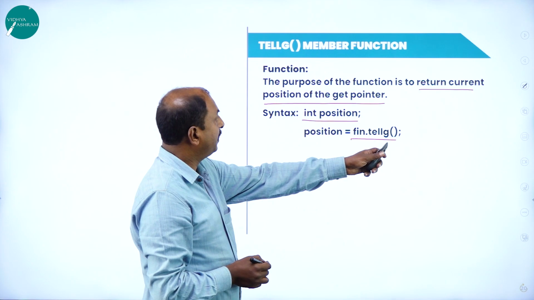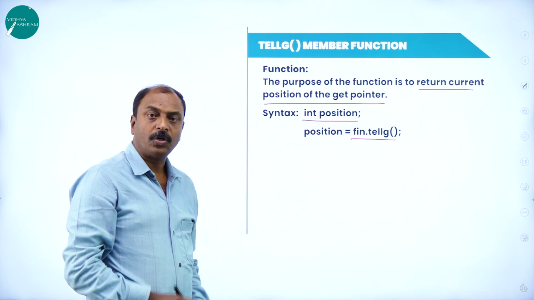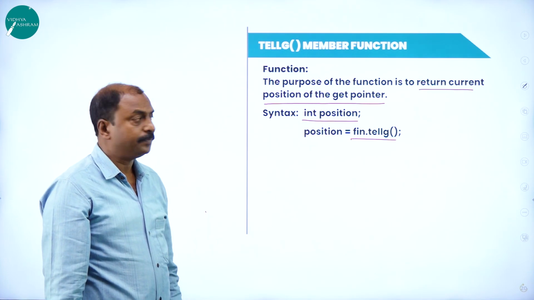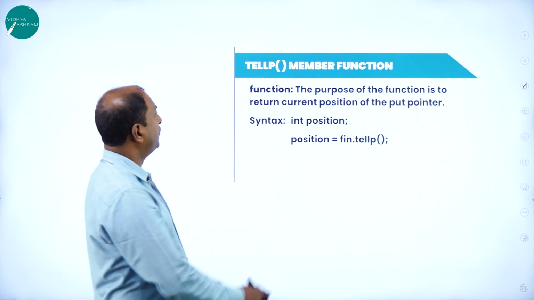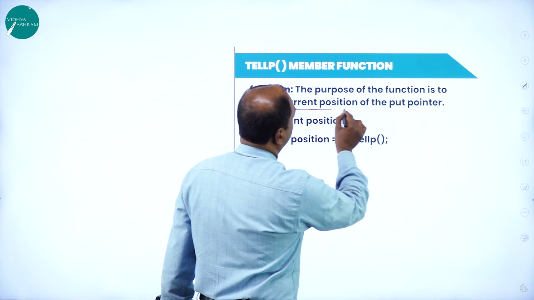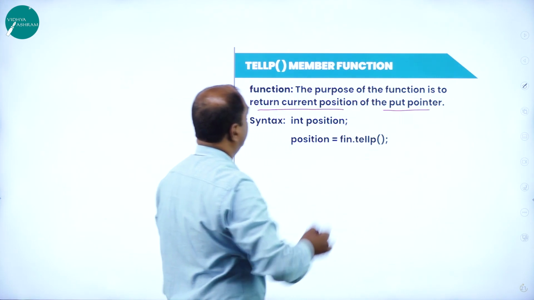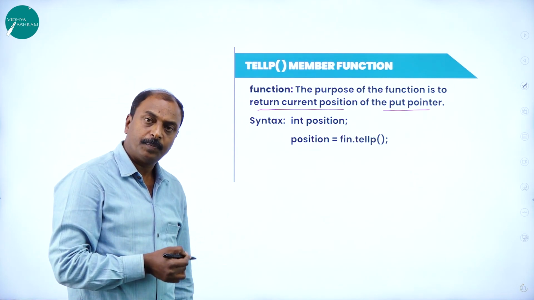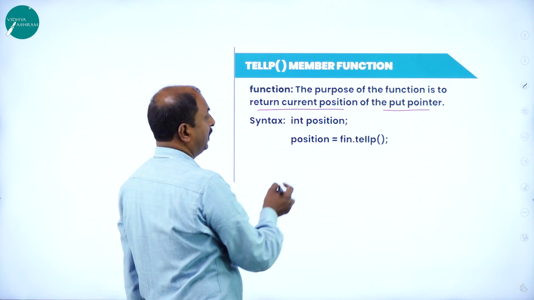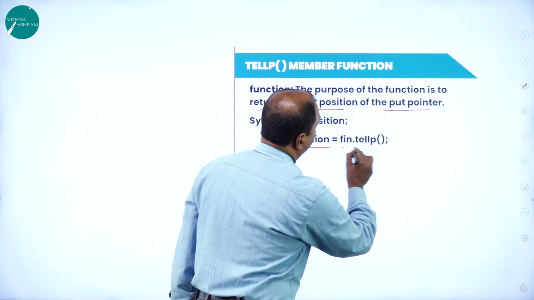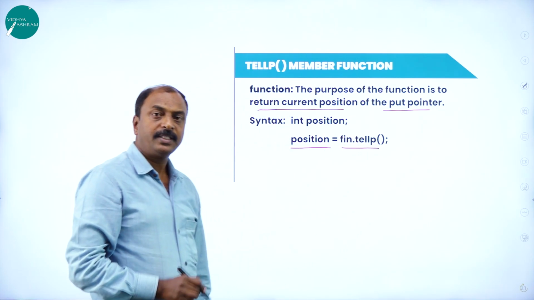So tellg returns the current position of the get pointer. That is the tellg function. Next one is the tellp function. It returns the current position of the put pointer. tellp gives the current position of the put pointer. Syntax is the same: int position; position equals fin.tellp(). Again, fin is an object.